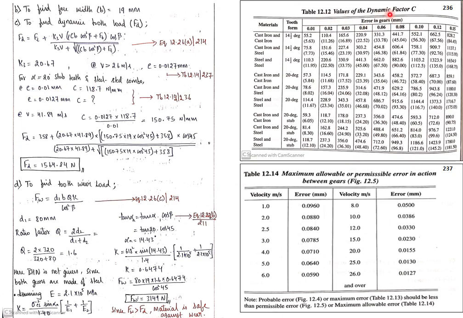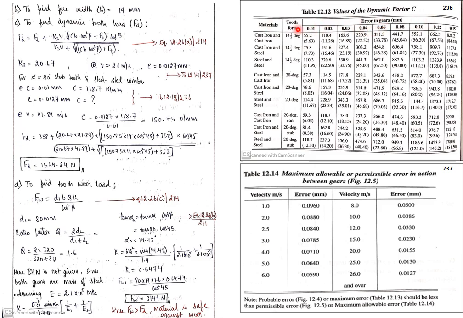You can see here table number 12.12 above. It gives 20-degree stub teeth where both the materials are the same, hence we are taking it as steel combo. At the top, you can see where the error is given. Can you see 0.0127 in this?